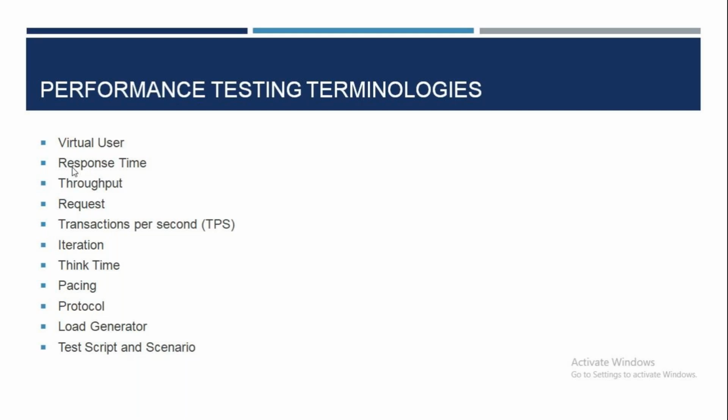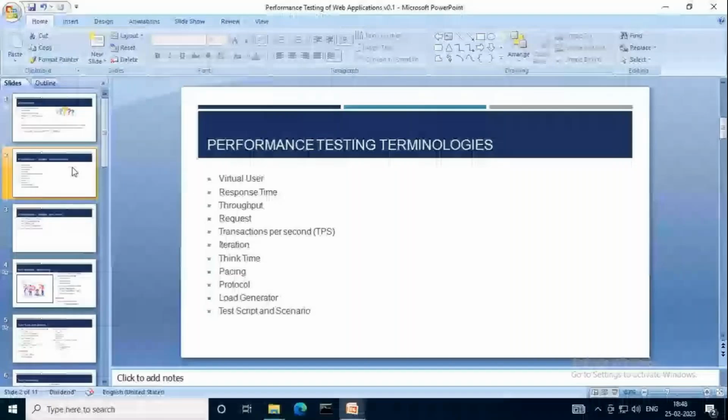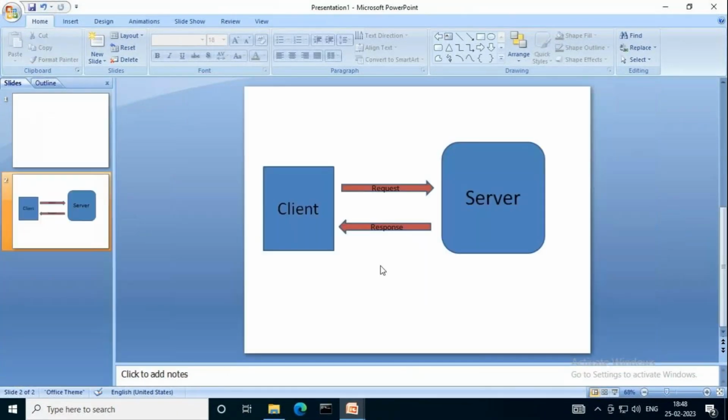Then I'll come to iteration. Whenever you are doing any transaction, let's say you logged in to Amazon and you are trying to book a product. You will search that product and you will book that product.